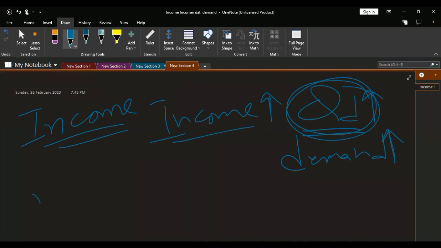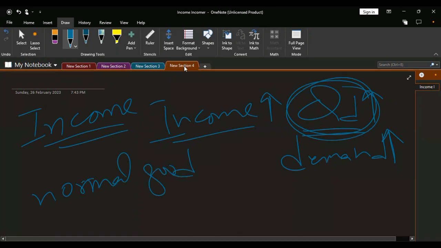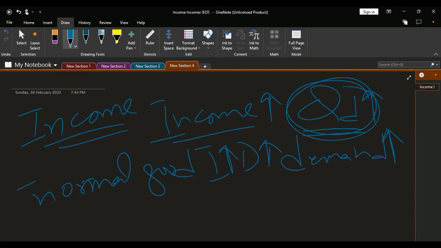So in the case of a normal good, income increases, demand increases, and you get a positive answer.